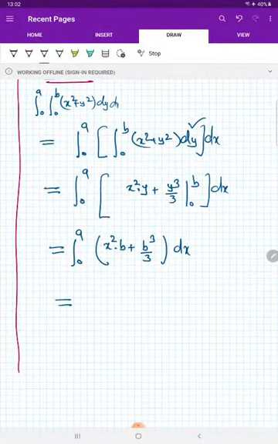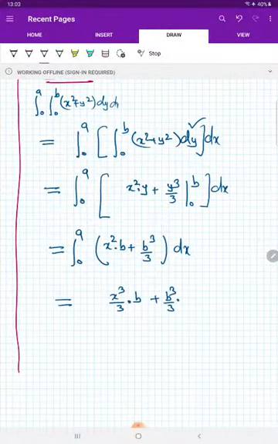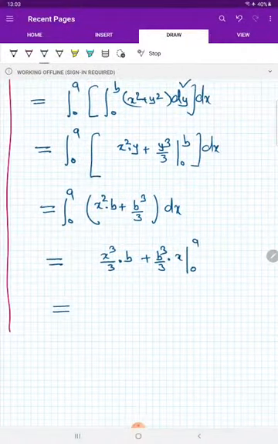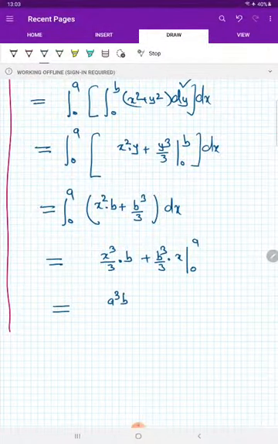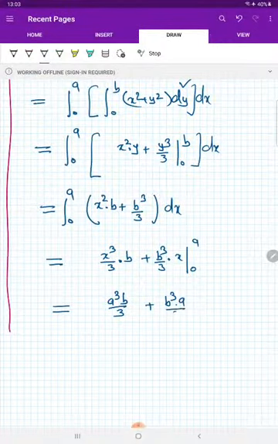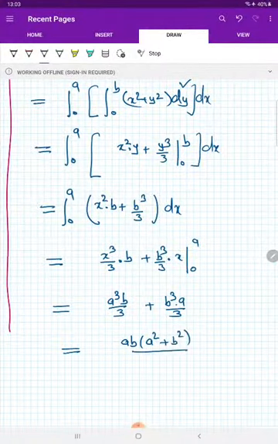Again, this is a single variable integral, you can solve it easily. So x cube upon 3 times b plus b cube upon 3 times x, limits 0 to a. On substituting the limits, we get a cube b upon 3 plus b cube a upon 3. On simplifying, you can write it as ab times (a square plus b square) upon 3.